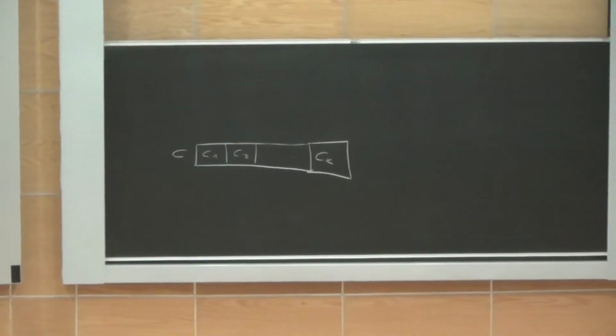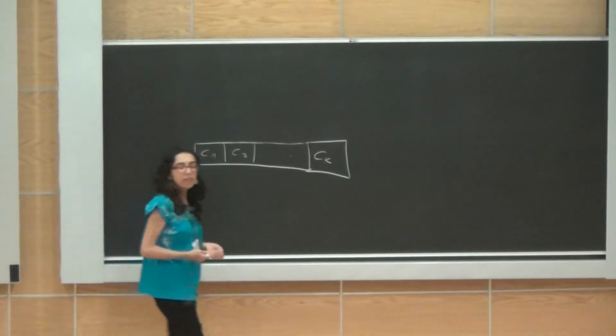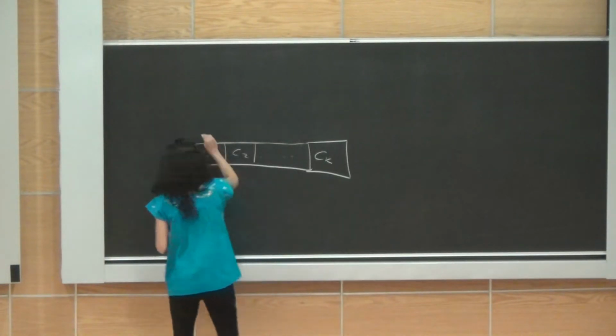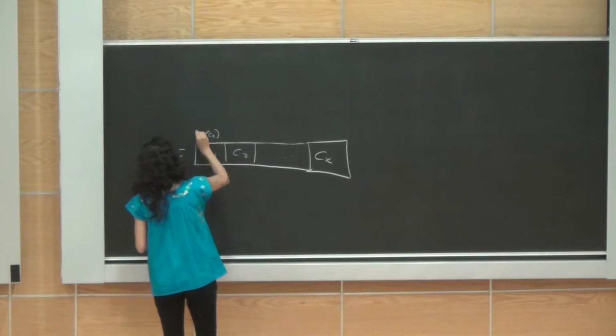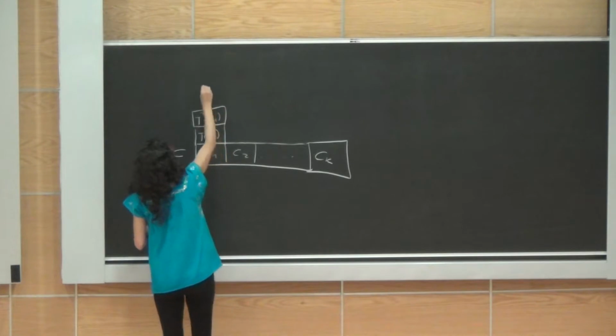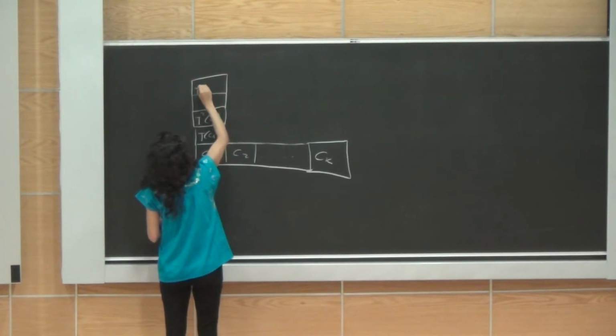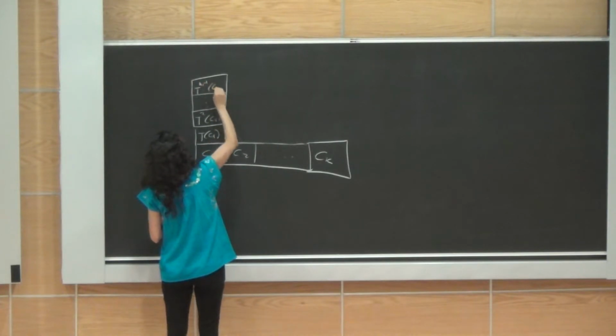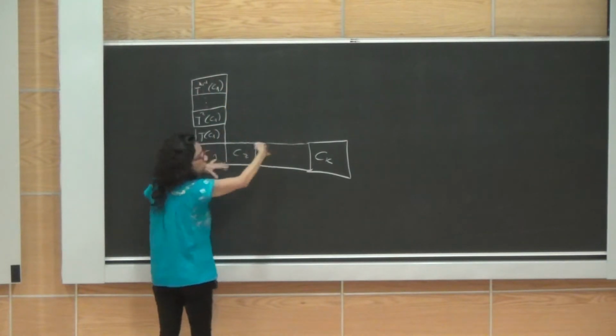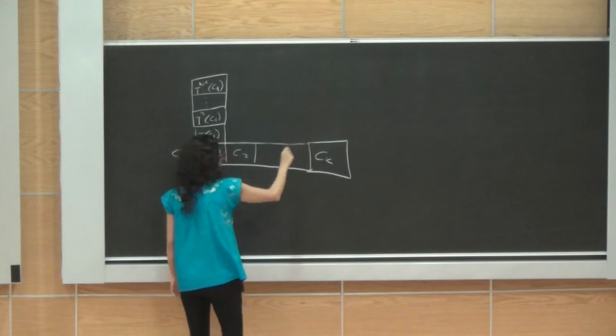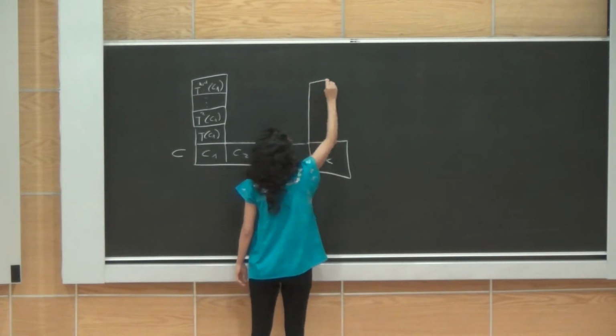And all the sets which are in between are disjoint. So you have this picture. TC1 here, T^2 C1, until T^(h1 minus 1) C1, and then here you come back somewhere in C, and the same thing for the other sets.